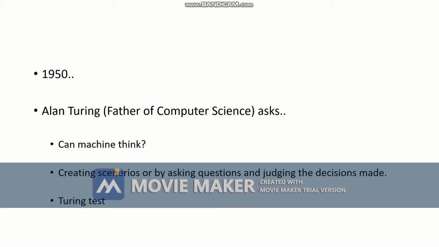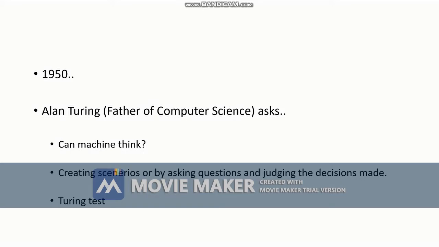So how will we know that decisions are being made? With the help of some communication. This is a very critical part in AI, which is known as communication, because without communication we won't be able to know whether it is thinking.